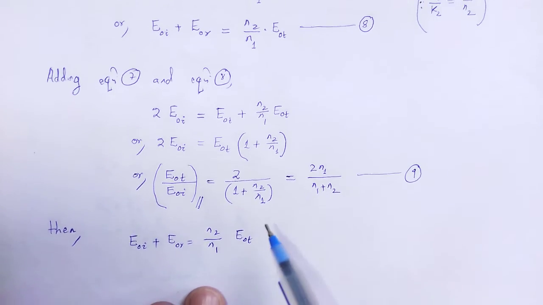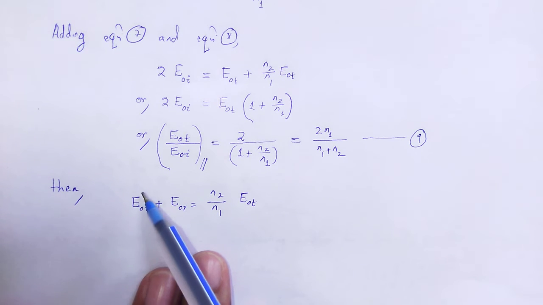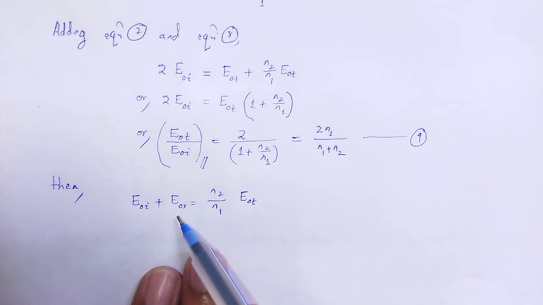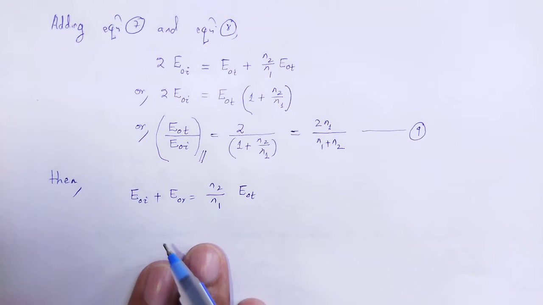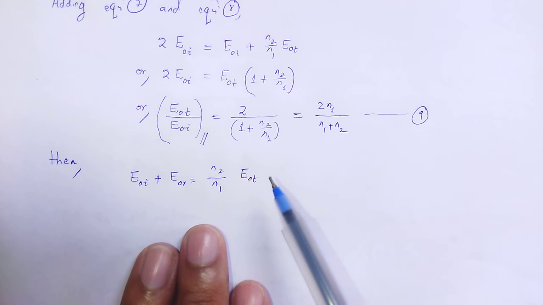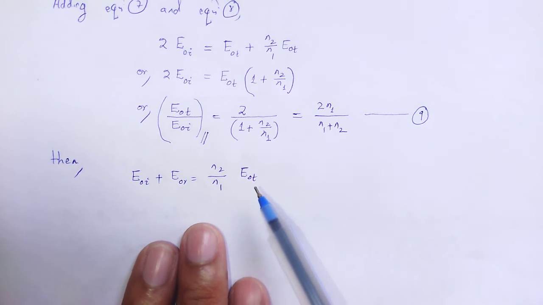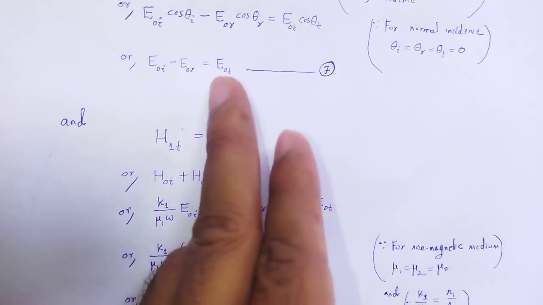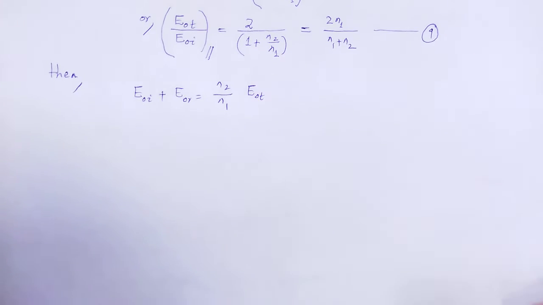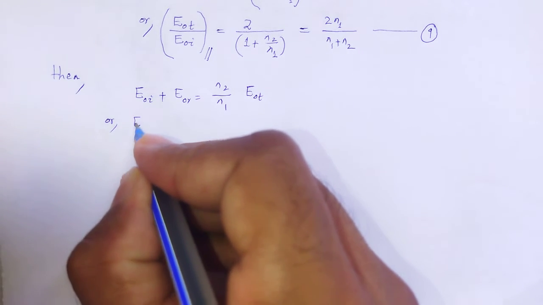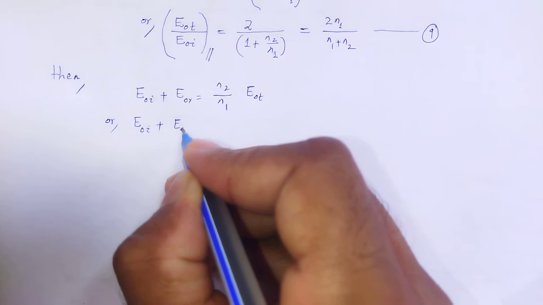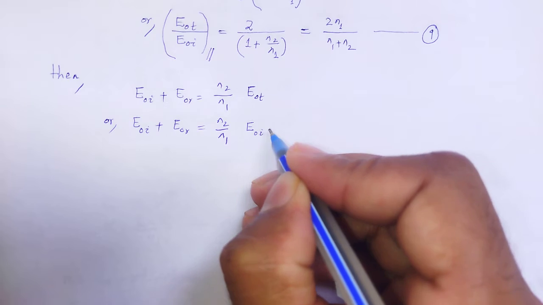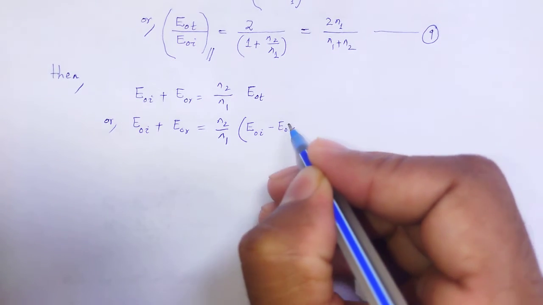Our requirement is E0R to that of E0I. Therefore, in place of E0T we can replace it. In place of E0T we write E0I minus E0R. Therefore, E0I plus E0R is equal to N2 by N1, that is E0I minus E0R.